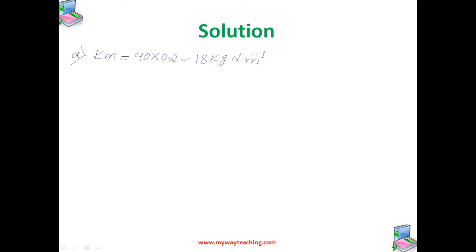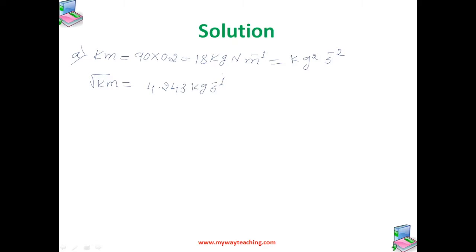That is also equal to kg square second raised to minus 2. So square root of km is equal to 4.243 kg per second.